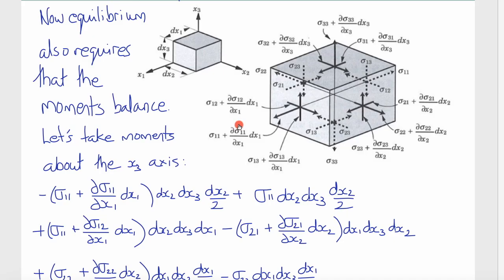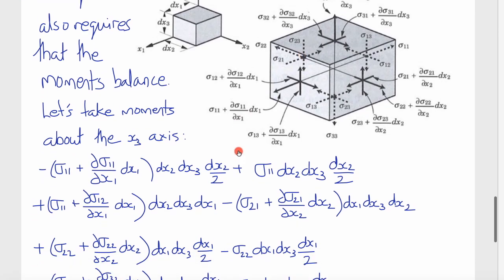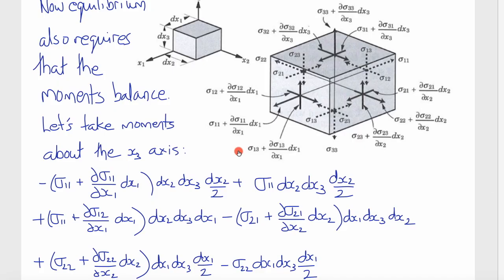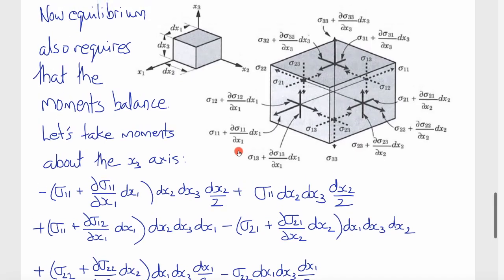Now, equilibrium also requires that the moments balance. So in the same way, we can take moments about 3 axes and derive 3 moment balance equations. If, for example, we start by taking moments about the x3 axis, then we can ignore any forces that act through that origin and calculate the contribution of the remaining tractions to moments about x3.